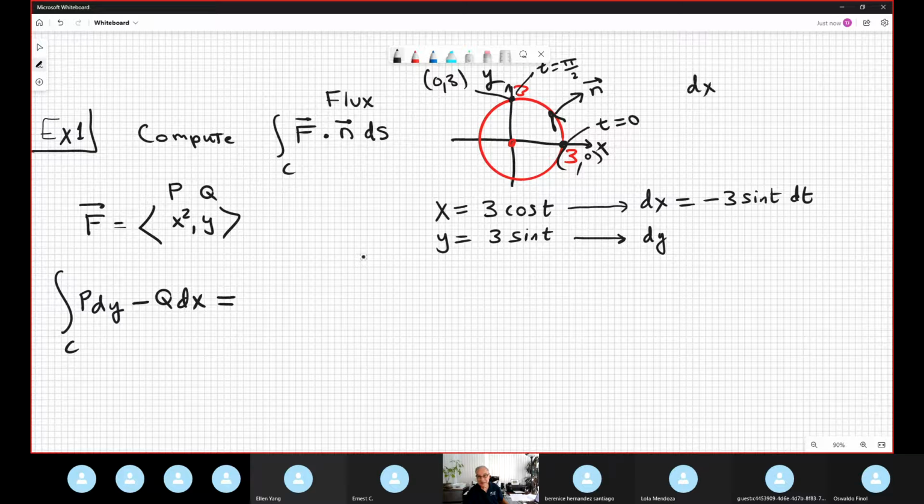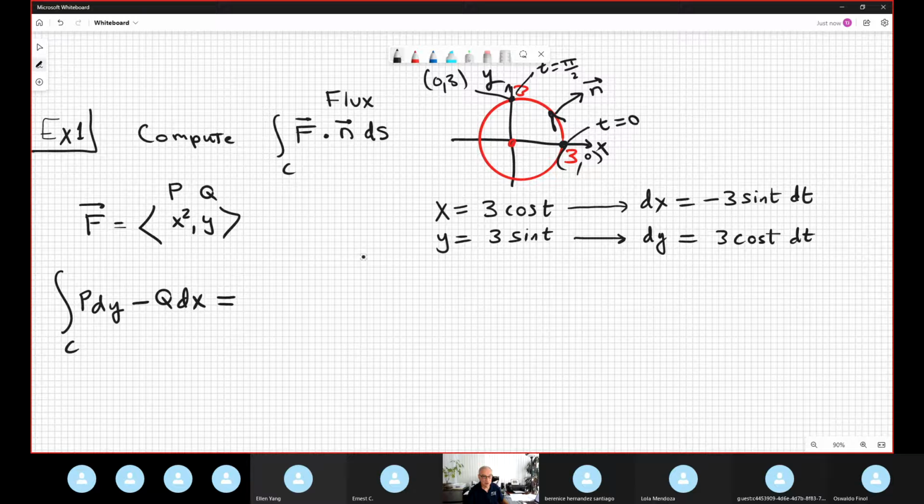I know that dx/dt is minus 3 sine t, but in order to put it in an elegant way inside the line integral, you compute a differential. Likewise, when you differentiate this, the derivative of sine is cosine, so 3 cosine t dt. Okay, cool. Now we are ready.